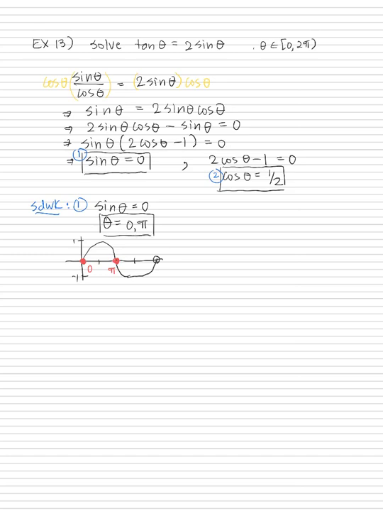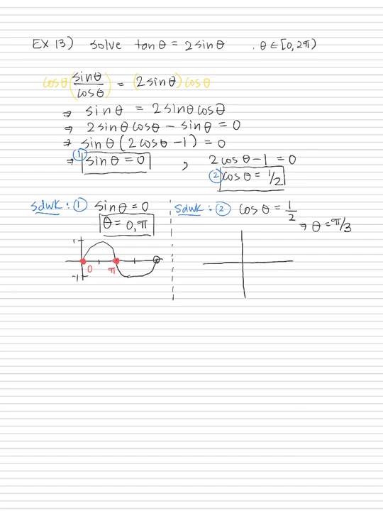Okay, now let's go with the side work for circle 2. So we have cosine of theta equals 1/2. So again, our reference angle is going to be pi over 3.